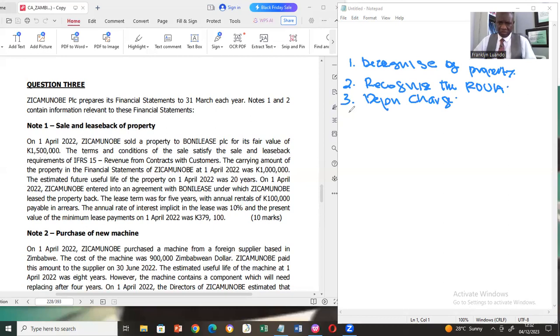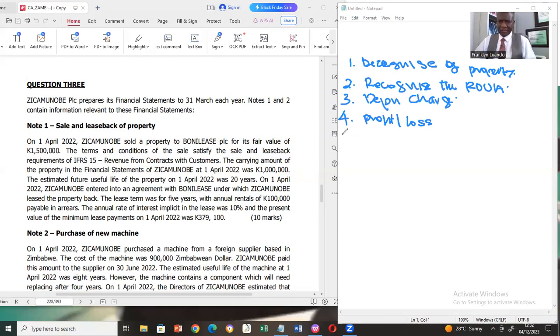Number four, calculate the profit or loss on disposal of the asset.